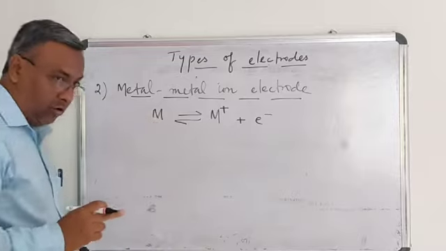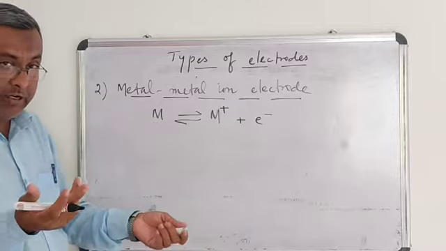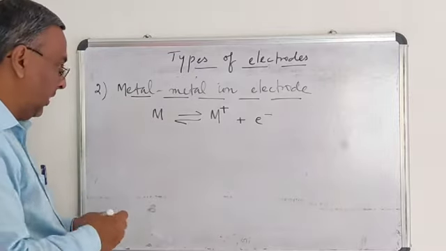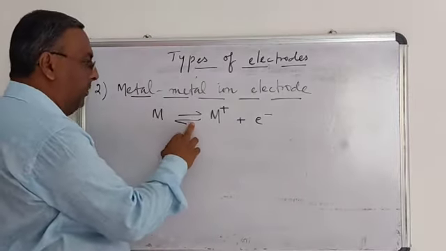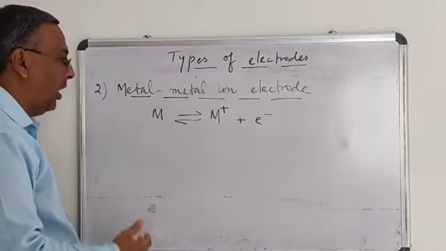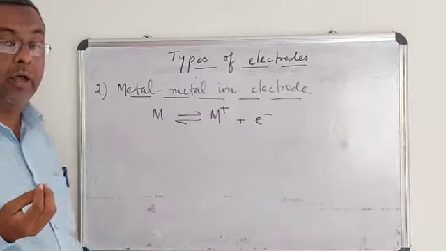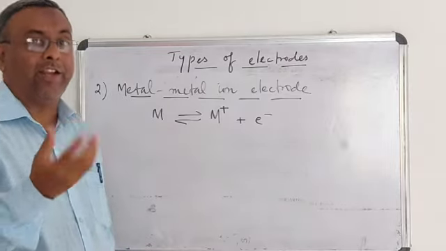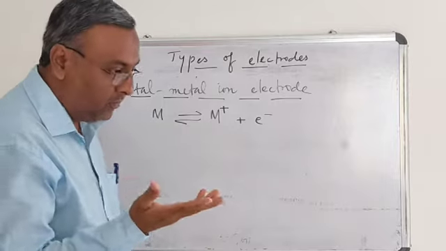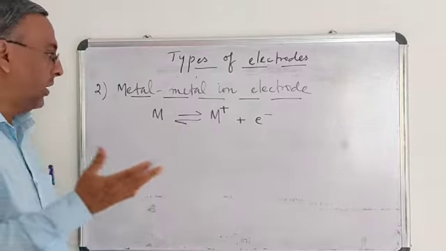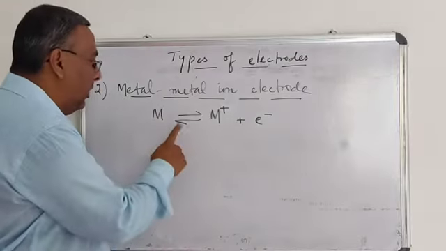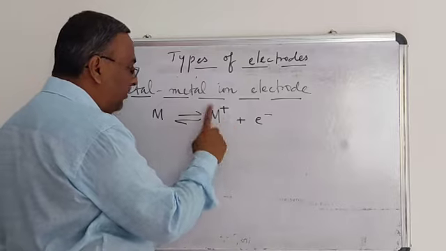This electrode may involve reduction or oxidation, depending upon the type of electrode. If an electrode behaves like a negative electrode where oxidation occurs, that is liberation of electrons occurs, then the equilibrium will shift towards right.